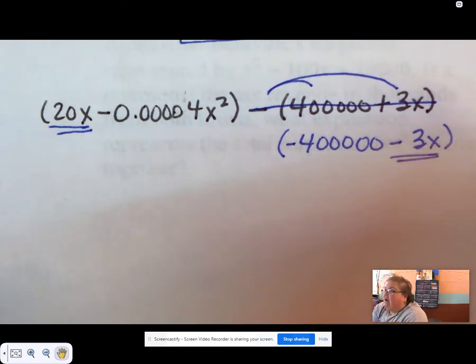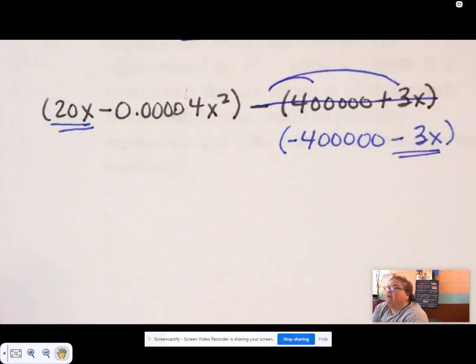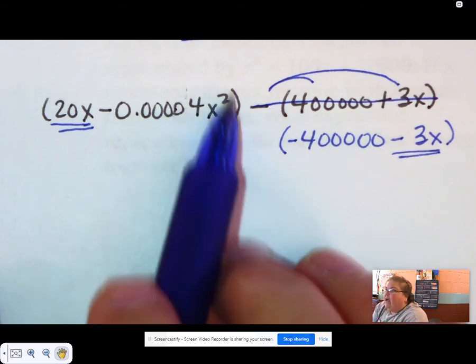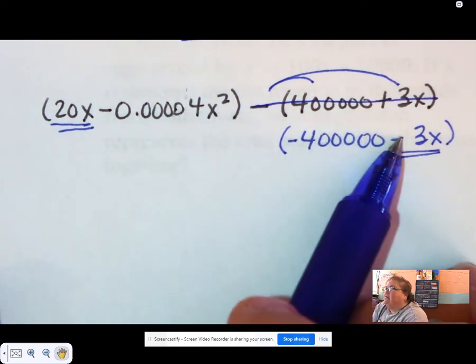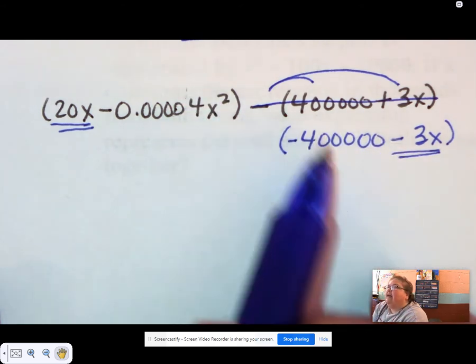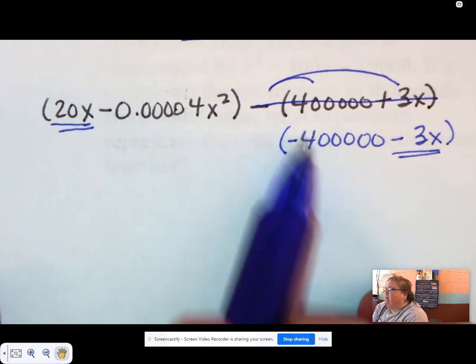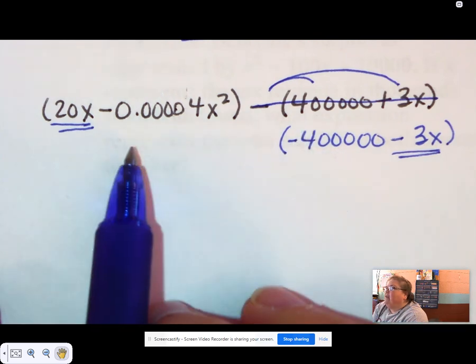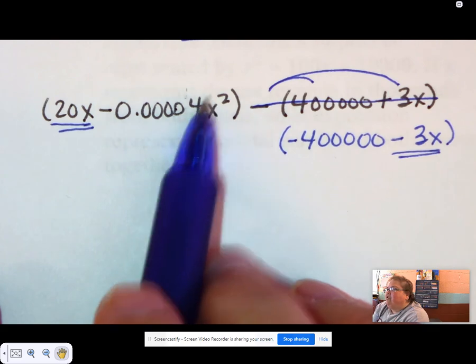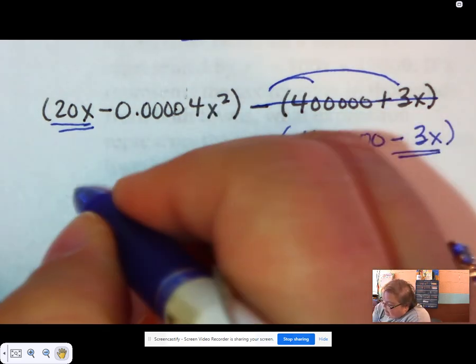20x minus 3x. So x squared does not have anybody to partner with, and negative 400,000 doesn't. My constant doesn't either. So I'm going to combine the like terms. I'm going to start with my x squared, so it can already be in standard form.